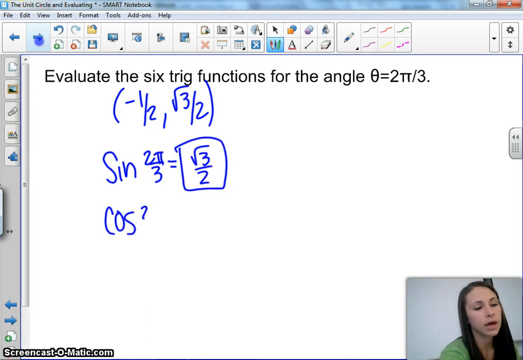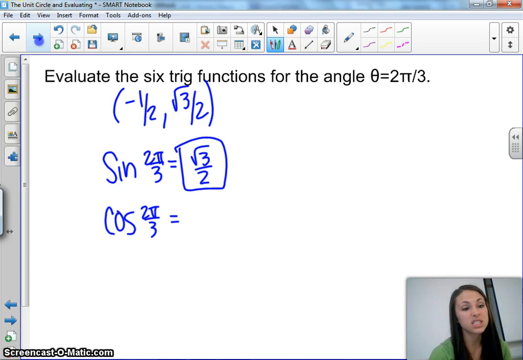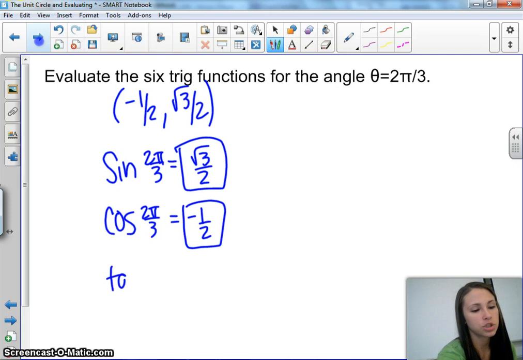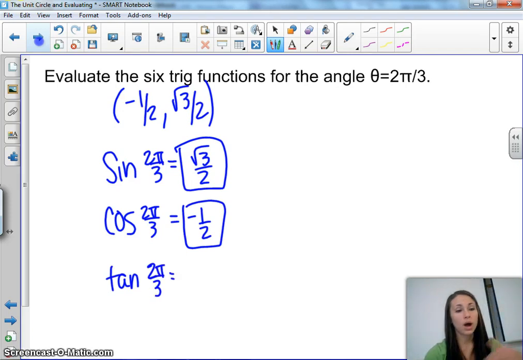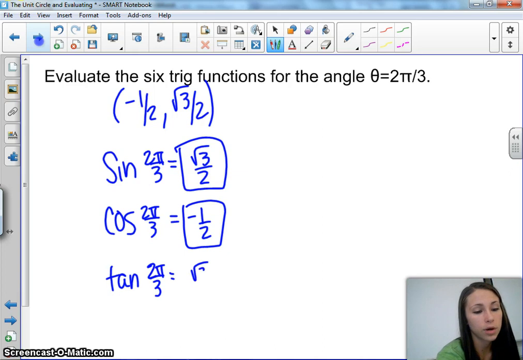The cosine at 2 pi over 3 is the x, so that's negative 1/2. And the tangent of 2 pi over 3 is y over x, so square root of 3 over 2 over negative 1/2.